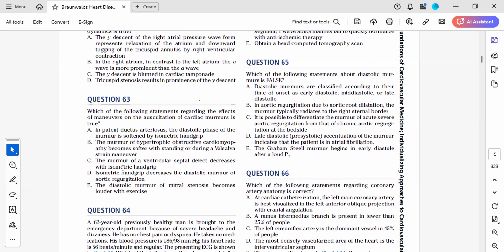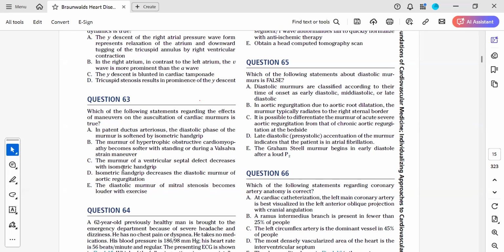Blood flows backward more to the ventricle, increasing the flow across the aortic valve again. So we expect the murmur to be increased, not decreased.